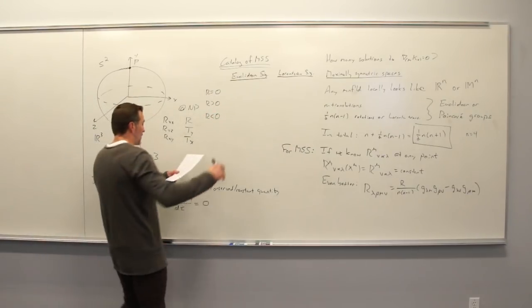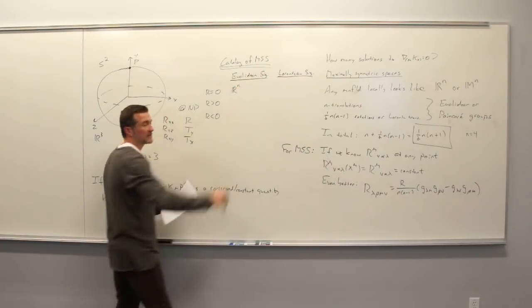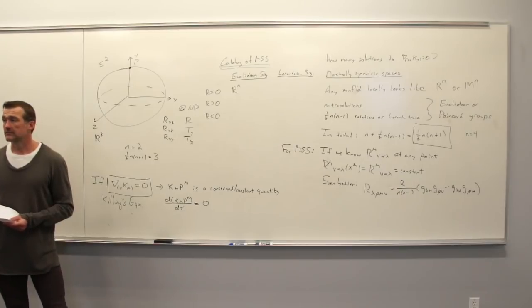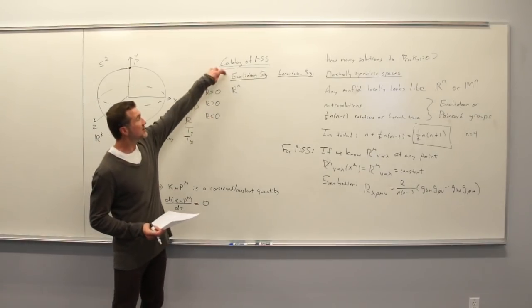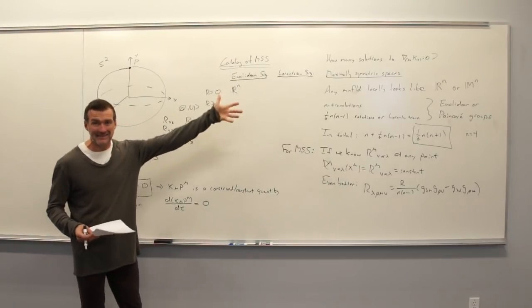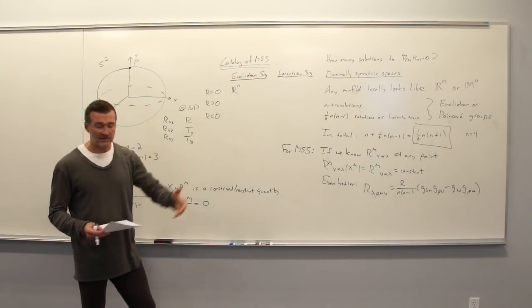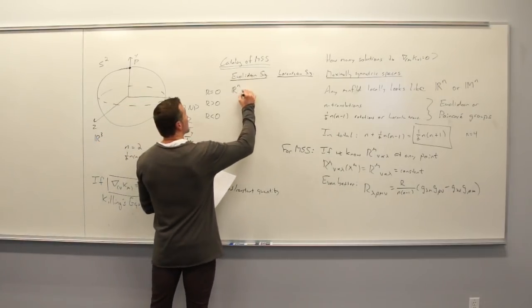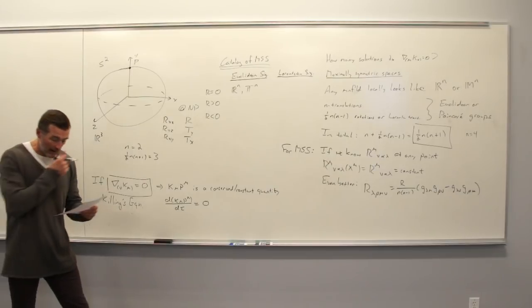For Euclidean signature spaces, Euclidean space R^n is a space with zero curvature that's maximally symmetric. It turns out that n-dimensional tori are as well.